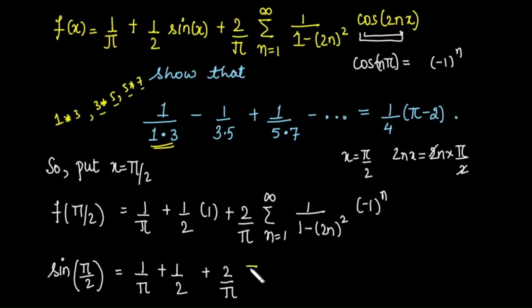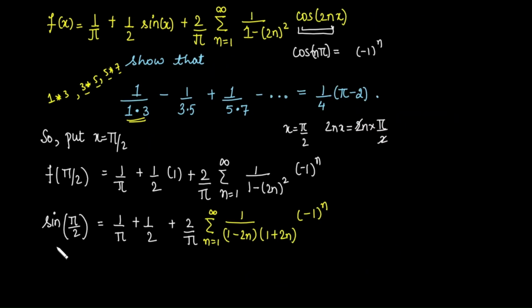So over here, rather than expanding, first we will write it in the form of a minus b into a plus b, and this minus 1 raised to power n as it is. This can further be written with sin pi by 2 as 1. Take this term on the left hand side. So we have minus 1 by pi minus 1 by 2. This is equal to 2 by pi.